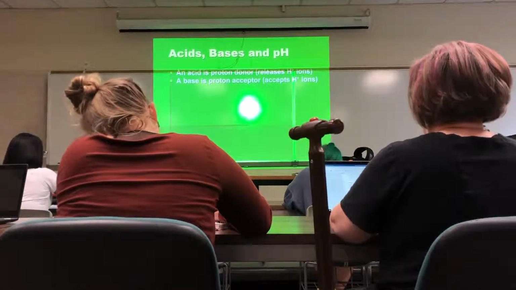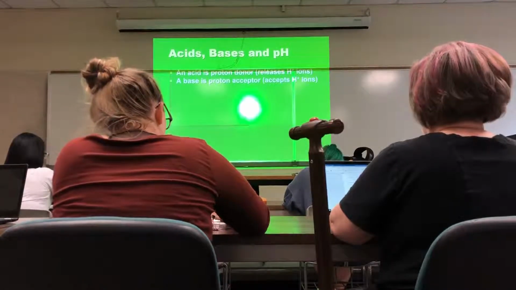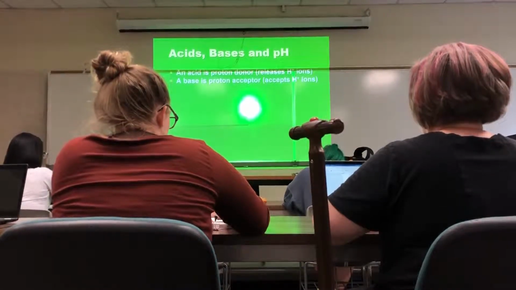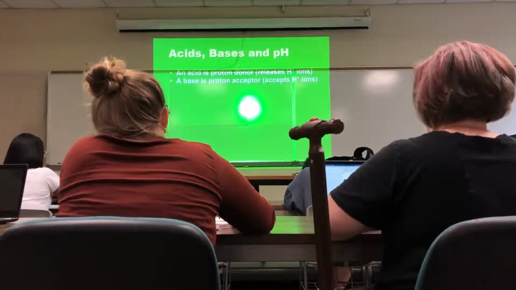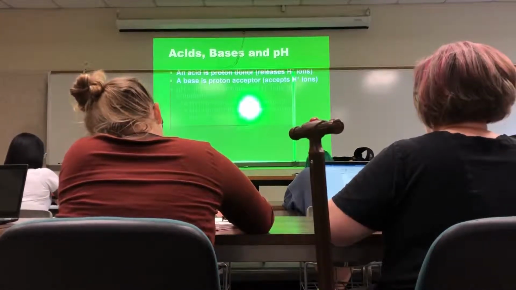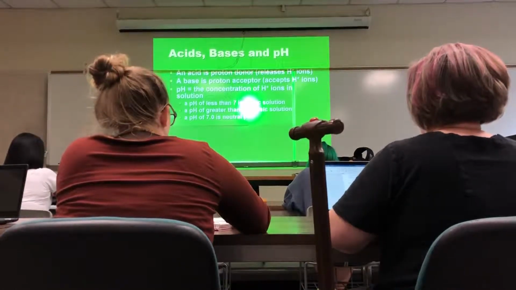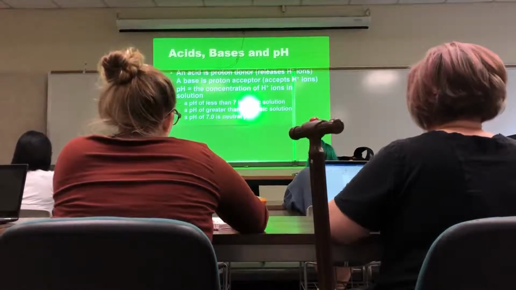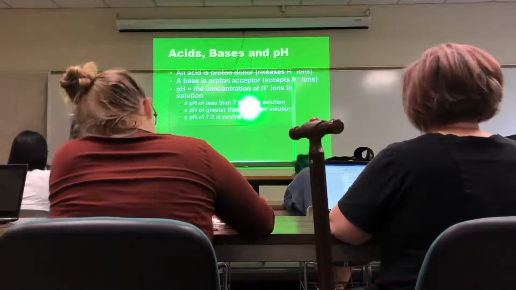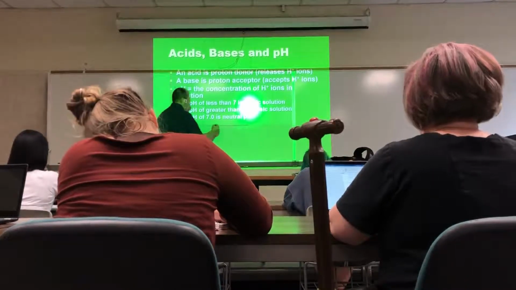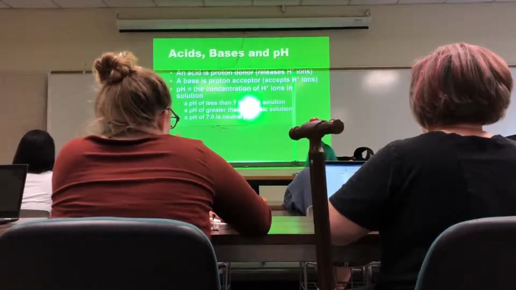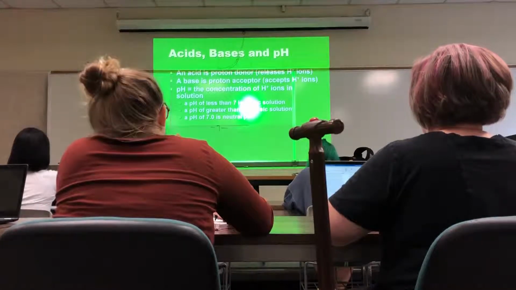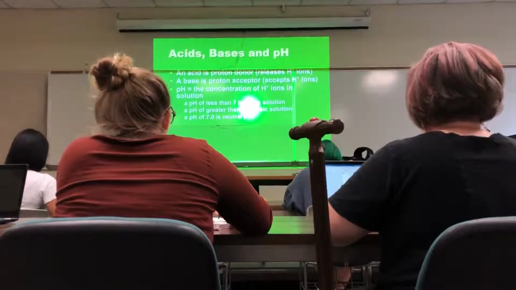So an acid is something that releases hydrogen ions, and a base is something that accepts them. When we think of acids and bases, in most cases we think of the pH scale, and this is really, really important for anatomy, because as we talked about before, we have set points in a variety of places that deal with pH.